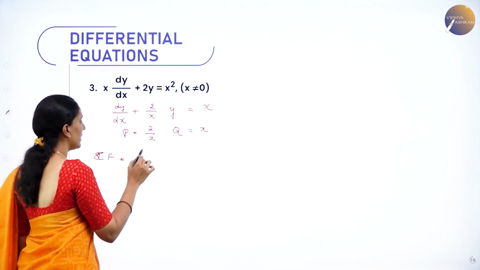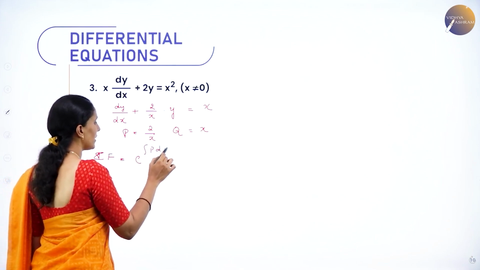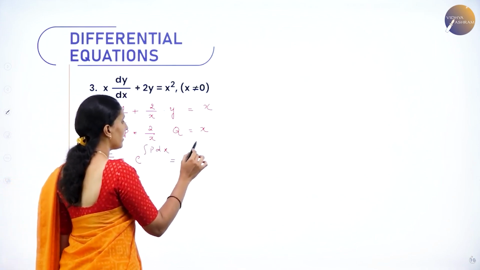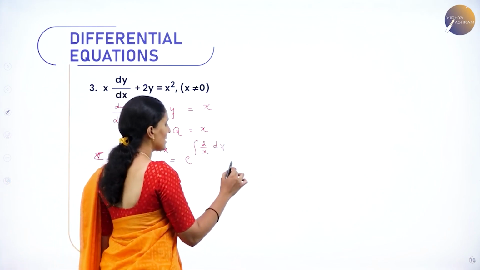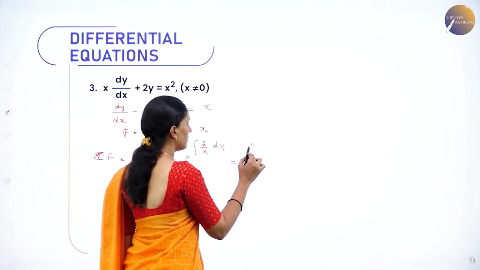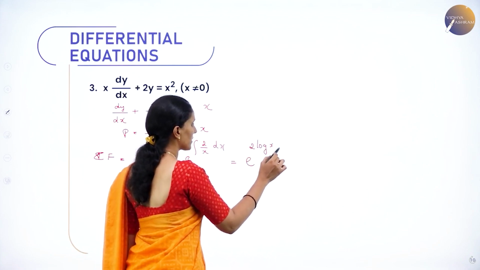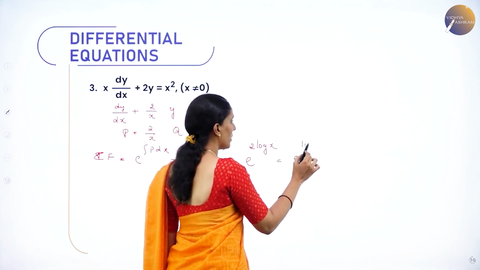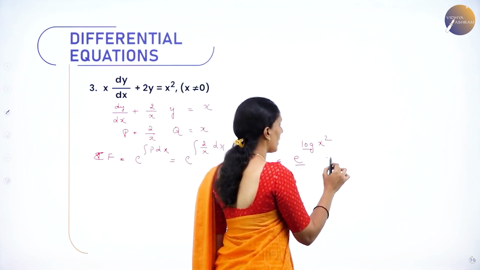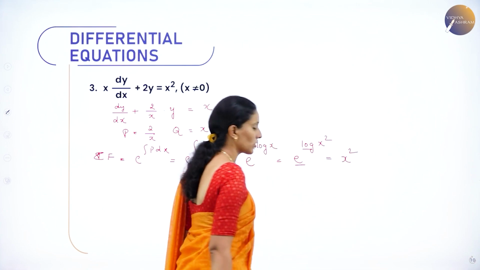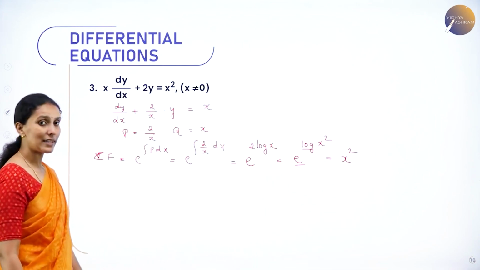Integral factor is e to the power integral p dx, which is e to the power integral 2 by x dx. So integral of 1 by x is log x. So this becomes e power 2 log x, or I can write it as e power log x square. Log and exponential can be removed and you just directly write x square. So therefore my integral factor is x square.